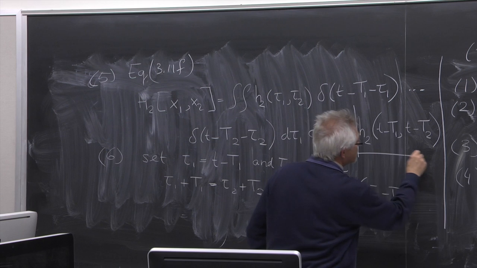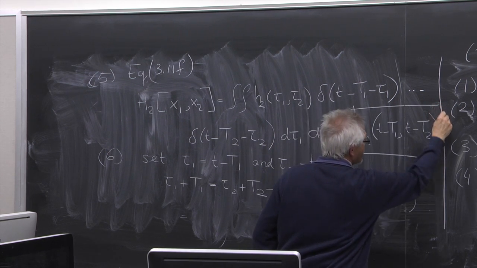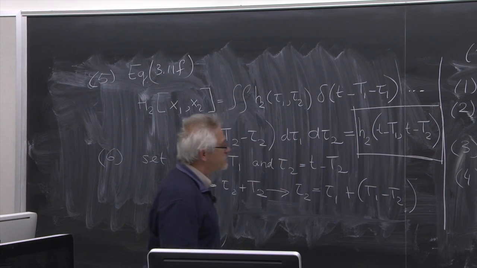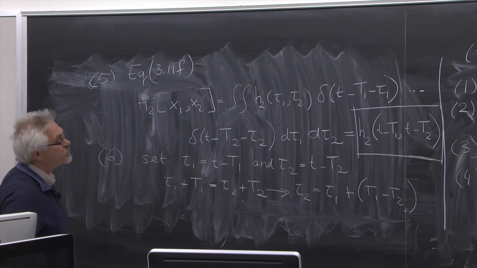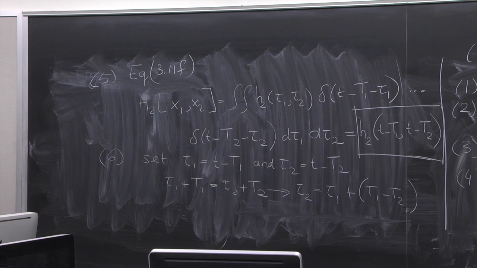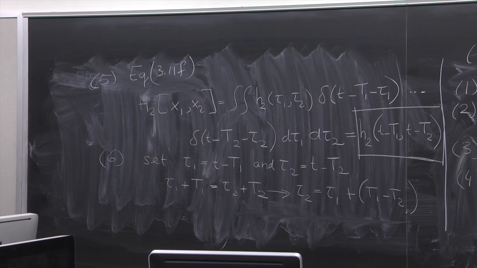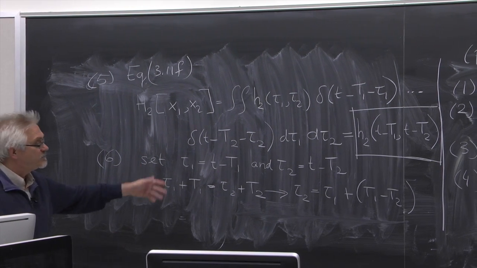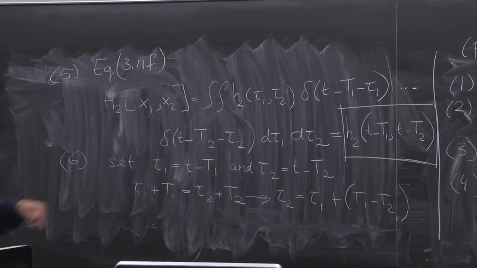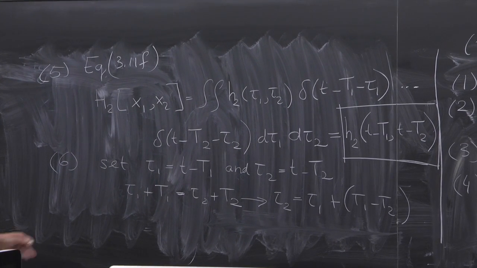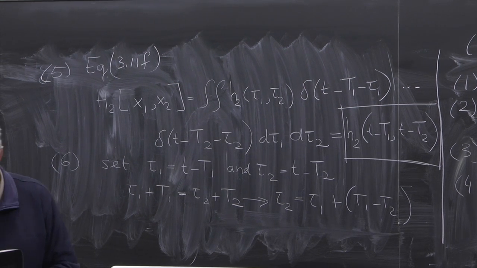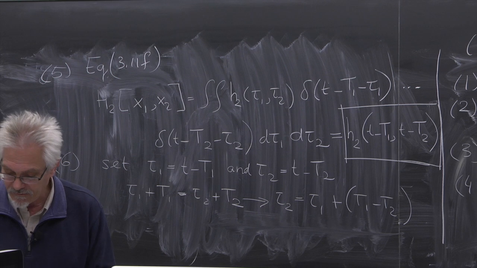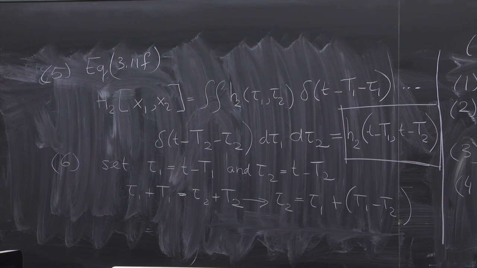And so when I combine this approach, I'm going to find H2(t minus t1, t minus t2), and just to make it a little bit easier, I'm going to use this substitution. And what I now get is the following.